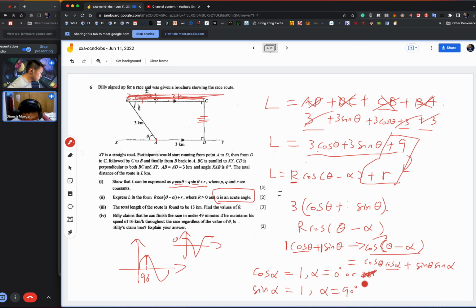So between 0 and 90, how? Okay, so something is quite funny here. Did I make a mistake somewhere, somehow? No, I don't think so.